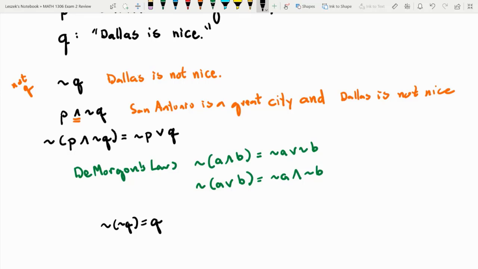So not P or Q. Since P is San Antonio is a great city, not P is San Antonio is not a great city. And here we had and originally, but because of De Morgan's laws, we traded that in for an or. So or Q, so or Dallas is nice.